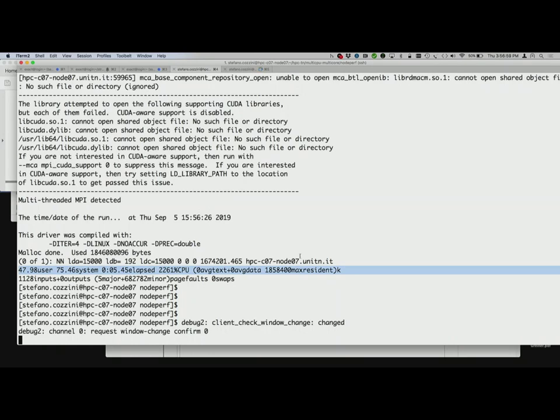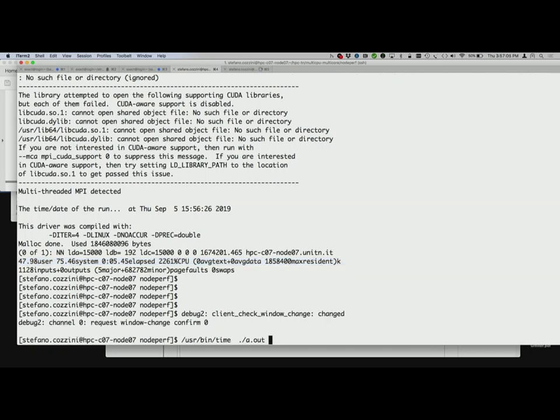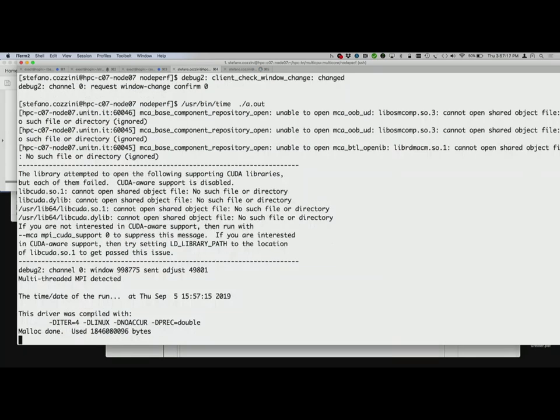What I did is prefix my program with /usr/bin/time, okay? /usr/bin/time reports the user time, the elapsed time, that is the wall time, and also the system time.